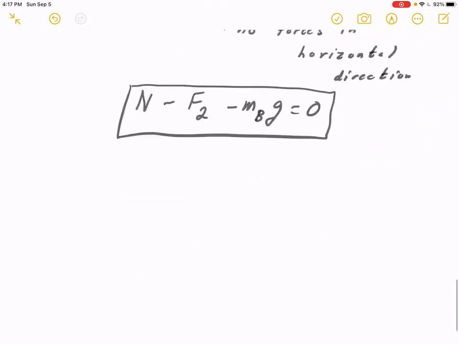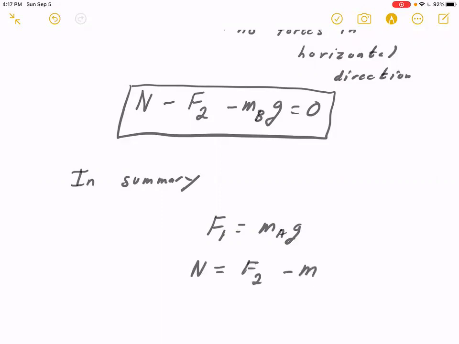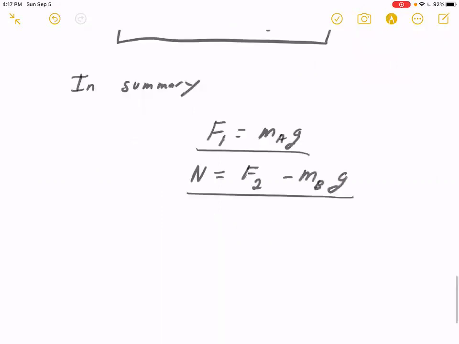So in summary, I have two equations. That's the first equation, and the second equation I have is this. Here are my two equations. And I'd like to combine them to see what they're telling me. Well, in order to do that, I need to exploit Newton's third law of motion in this problem.